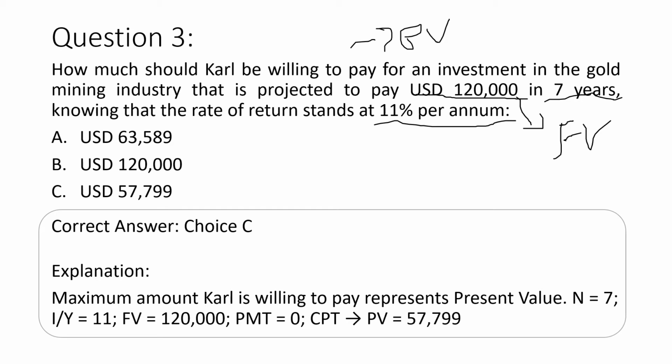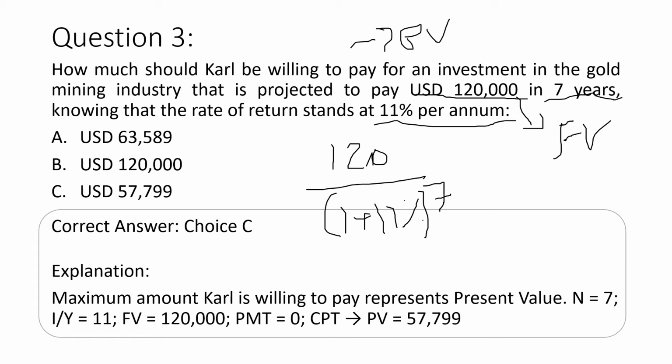It's basically 120 over 1 plus, what's our interest rate? 11%. To the power, how many years do we have? 7, especially that there is no compounding.